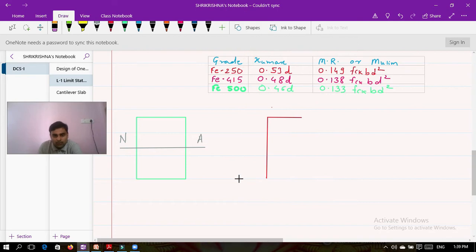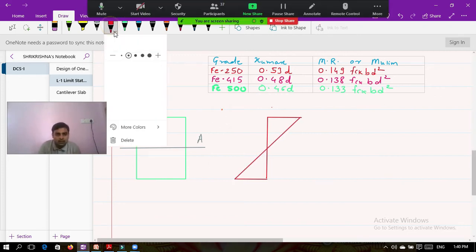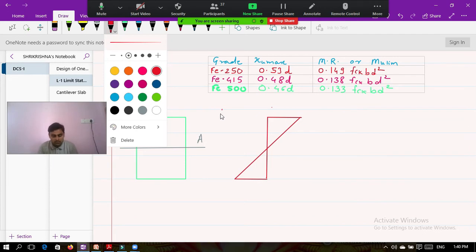Side by side, you also draw this diagram with me. So this is the strain distribution diagram.